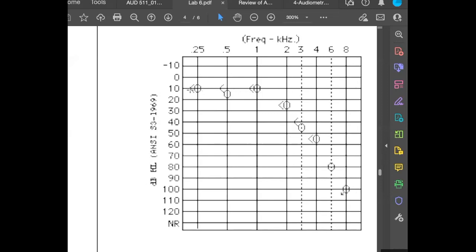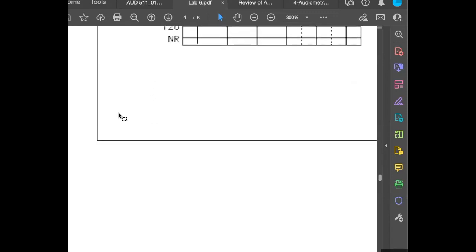When the air and the bone conduction thresholds match up, it's not normal hearing because it's not 25 decibels or lower. Sensory neural, that's it. When the air conduction and bone conduction responses are similar, then we've got a sensory neural hearing loss. Very nice. What's next?